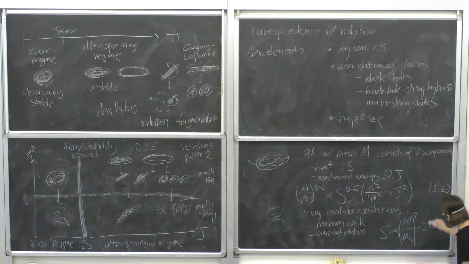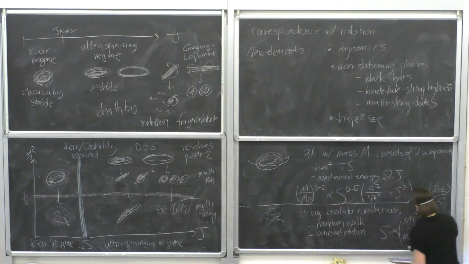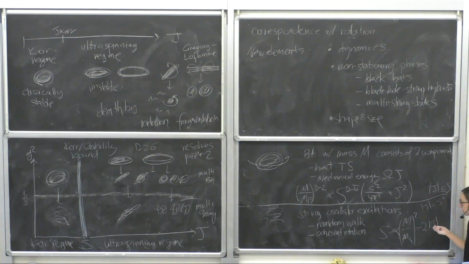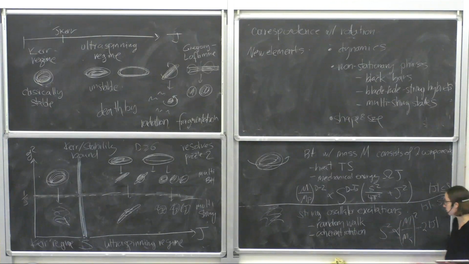And this is a formula that works for j of the order s squared. So from this we see that the entropy decreases if I spin up the string. Yes? So if I give more energy to the coherent rotators than to the random walkers, the entropy decreases.